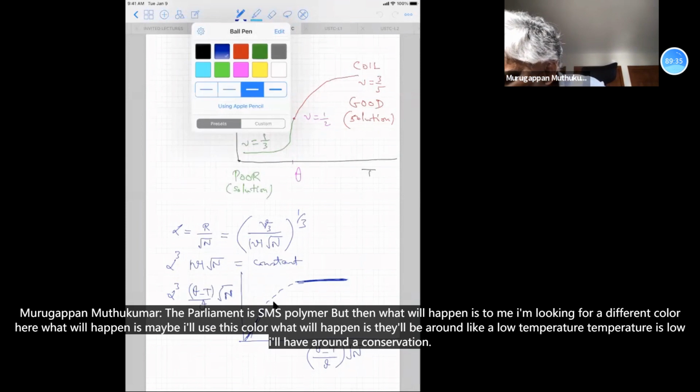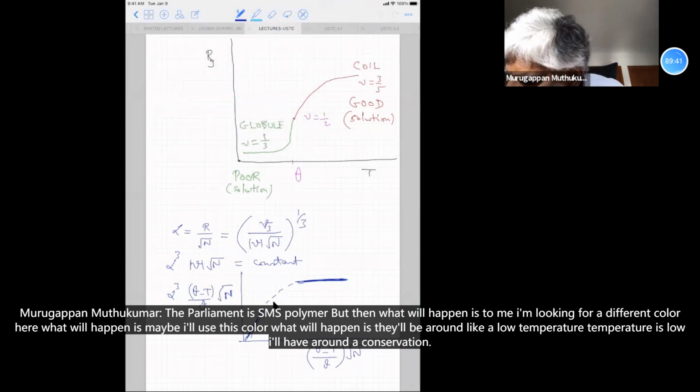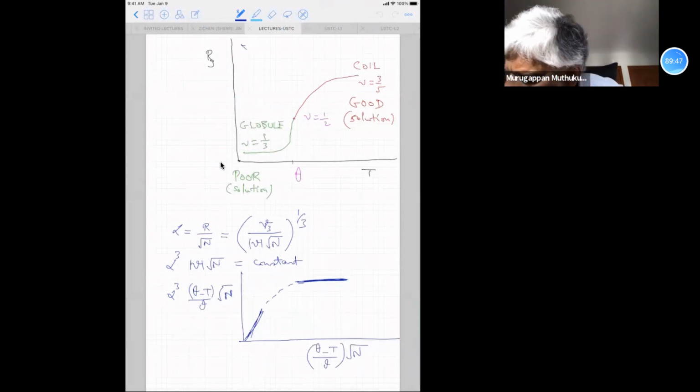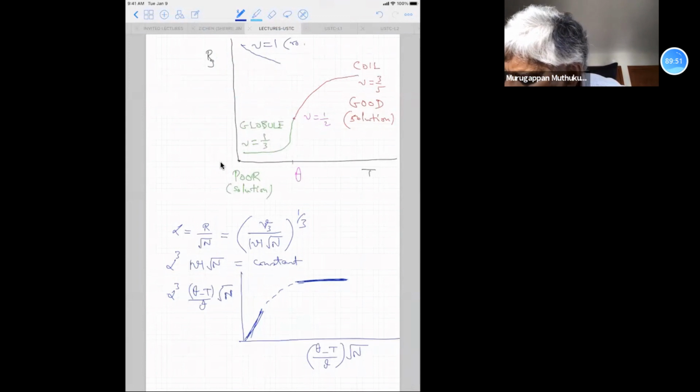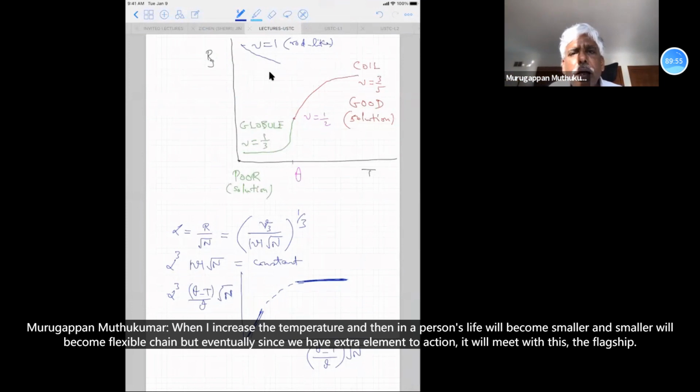then what will happen is, I'm looking for a different color here. Maybe I'll use this color. What will happen is, when the temperature is low, I'll have a rod-like conformation. This is nu equal to 1. That means rod-like. When I increase the temperature, then the persistence length will become smaller and smaller.